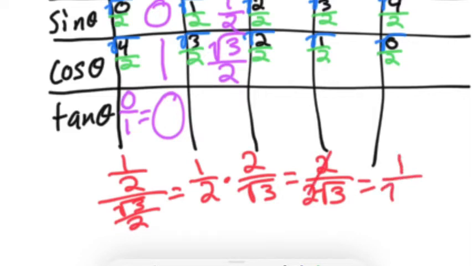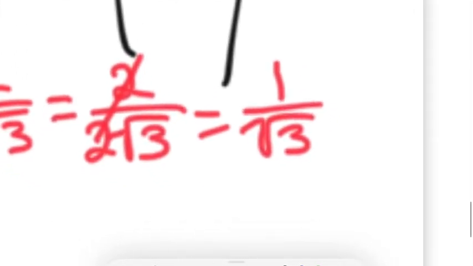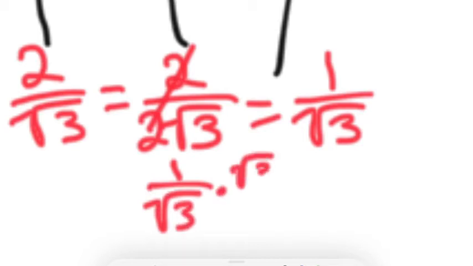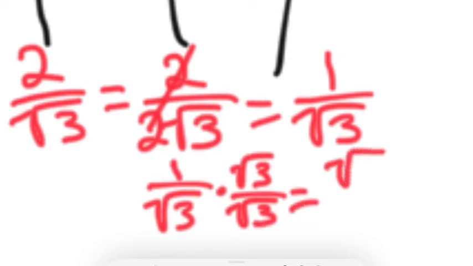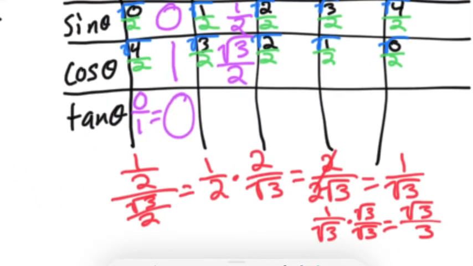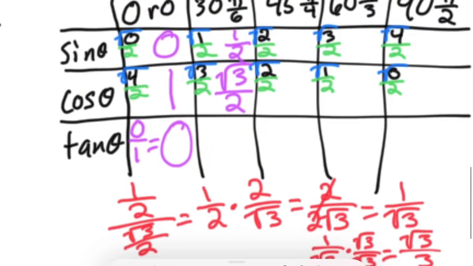You're left with 1 over the square root of 3. Then you have to rationalize. So to rationalize this, you have to multiply by the square root of 3 in the numerator and the denominator. So you would get the square root of 3 over 3. So that would be your tangent of 30 degrees.